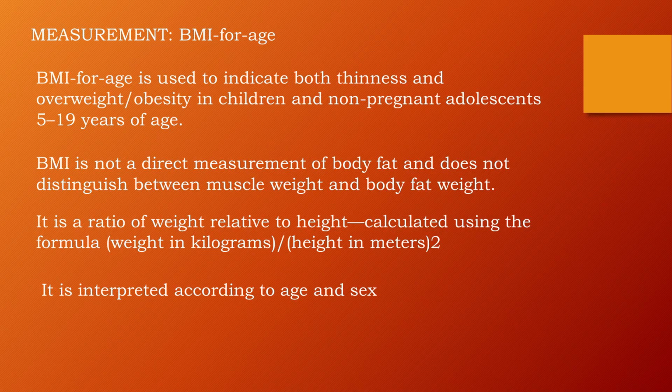BMI for age. We have seen height for age, we have seen weight for age, now we are going to see BMI for age. BMI for age is used to indicate both thinness as well as obesity.